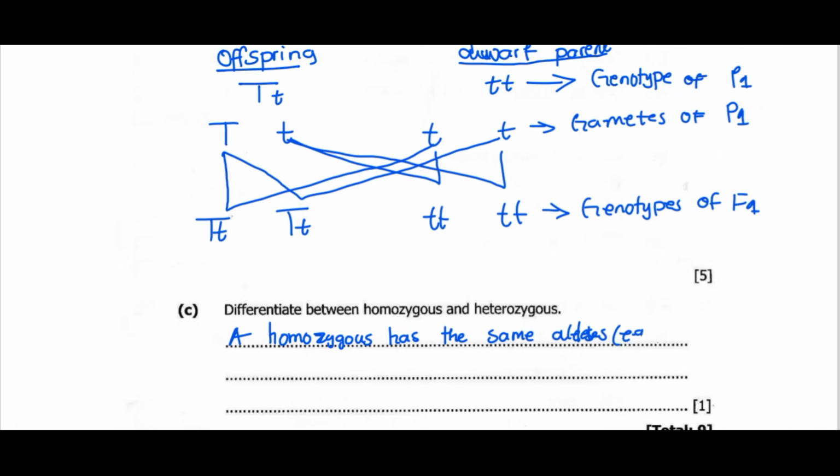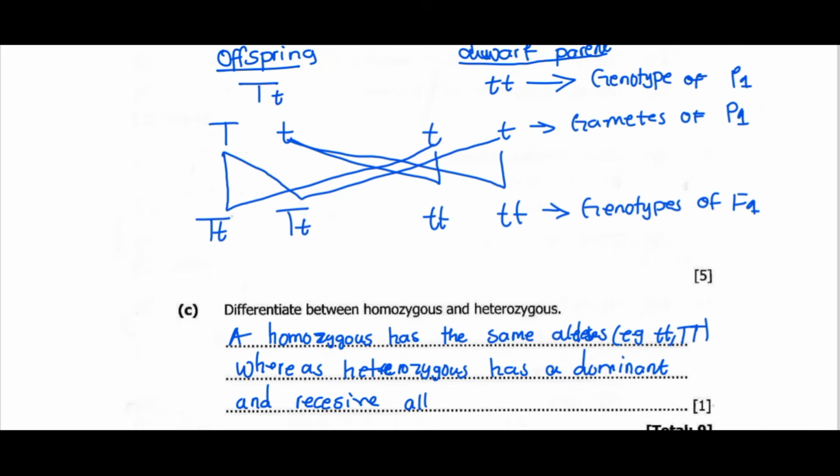So we can say, e.g., TT, capital letter T, is homozygous, whereas heterozygous has a dominant allele and a recessive allele, e.g., if we have capital letter T and small letter t.